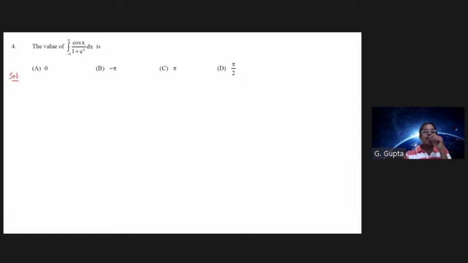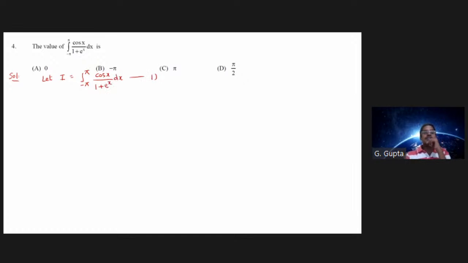Whether you all remembered in 12th standard, our teachers explained some problems by using that property 3. It starts with I is equal to the given integral, that is, minus pi to pi cos x divided by 1 plus e to the power x dx.